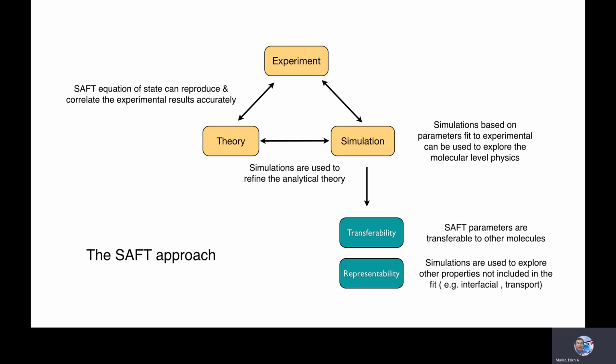Or is it because the underlying potentials that the theory is based on are not appropriate to describe the experiments? For example, if we were looking at a theory for hard sphere fluids and we try to compare it to experiments, no matter how good the theory is, it will never fit the experiments because real-life fluids are hardly ever hard spheres.